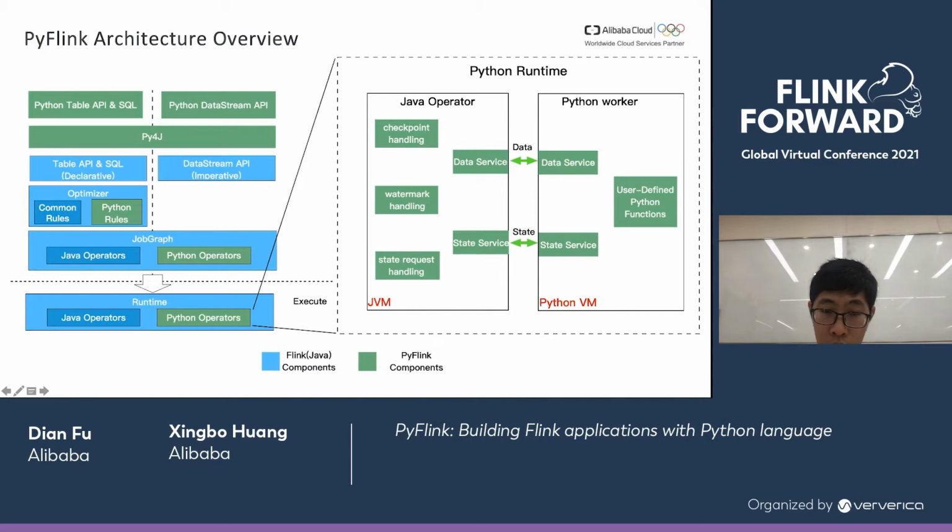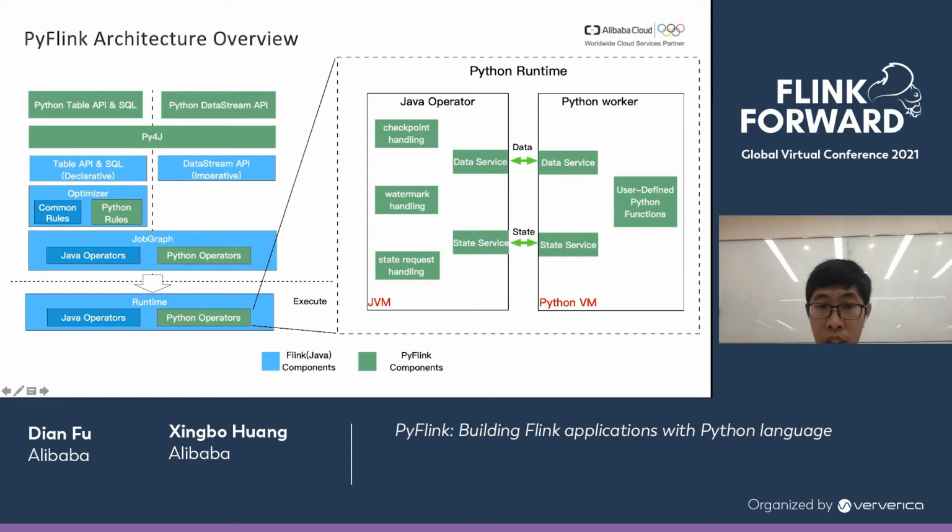Going further, we can take a look at the components of the Python operator. Firstly, we know Flink runs in the JVM, so we need a Java operator which is responsible for reading data from the upstream Java operator and outputting results to the downstream operator. Then we need a Python worker to execute our Python function.